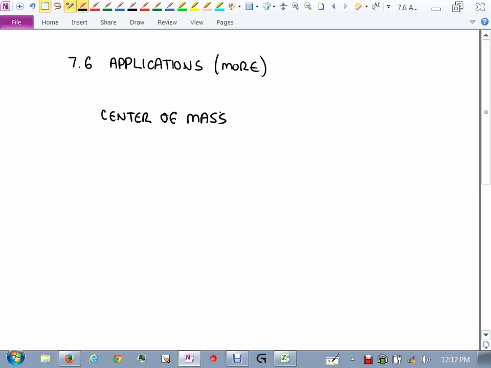So let's first start out with trying to find the mass, period. I'm trying to find the page where this is that you can refer to, because I'm skipping around in this section.